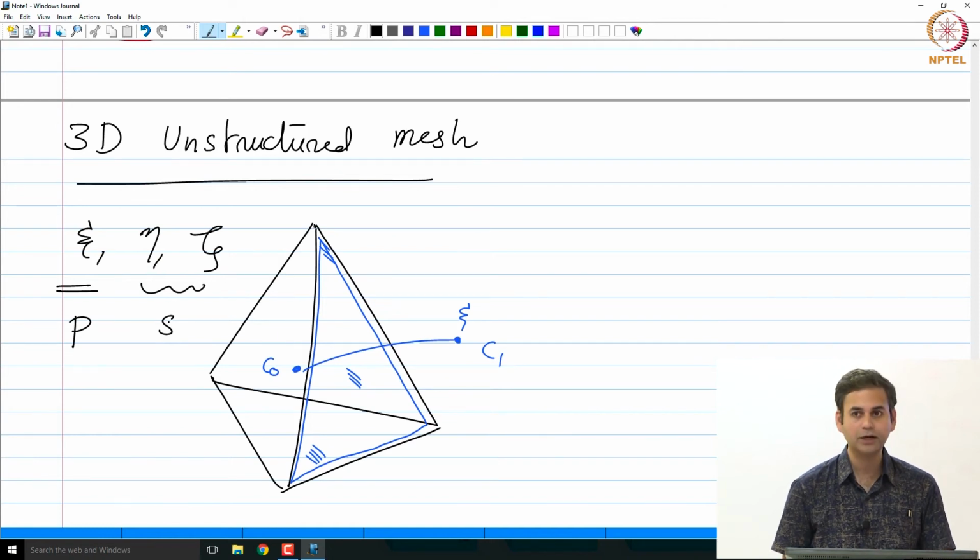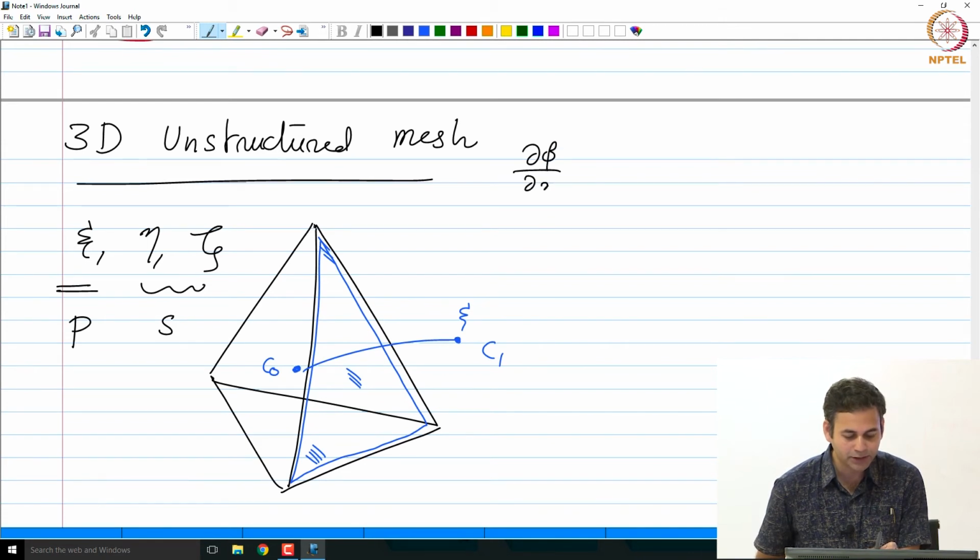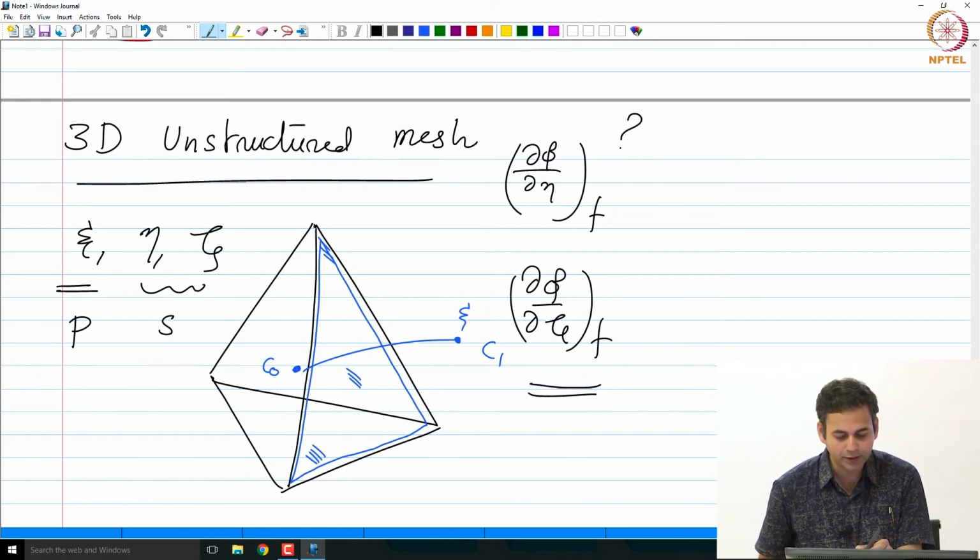Now, are eta and zeta coming because we have assumed some kind of a structure? No, that is not the case. They are coming out because we have 3 axes, we are doing 3D. So, essentially we again will get these gradients, partial phi partial eta on this particular face, and partial phi partial zeta on the particular face, which we have to calculate.